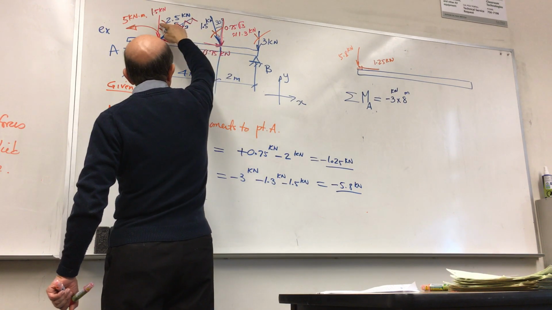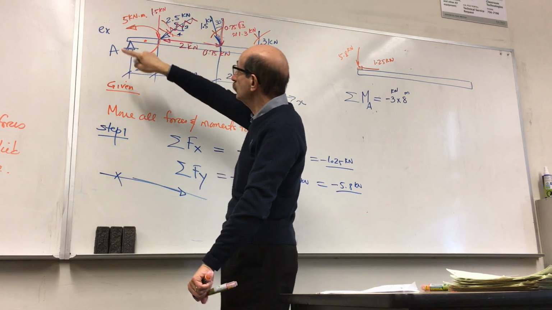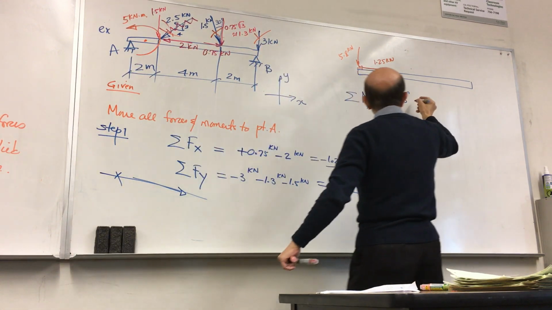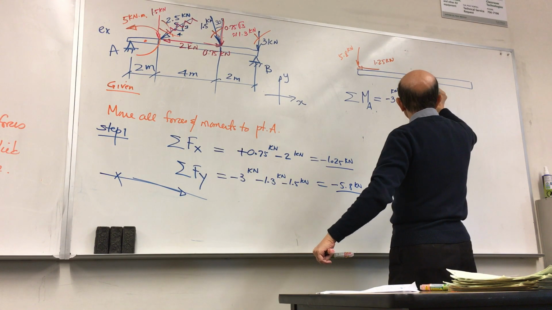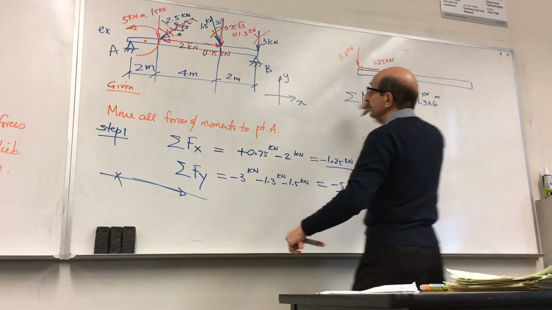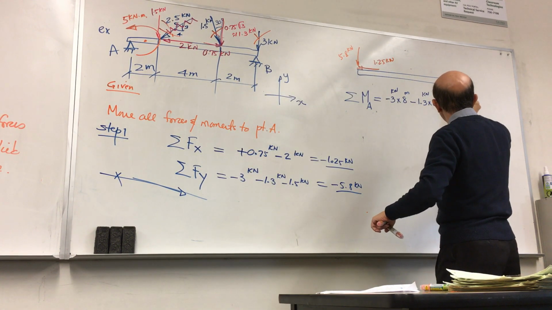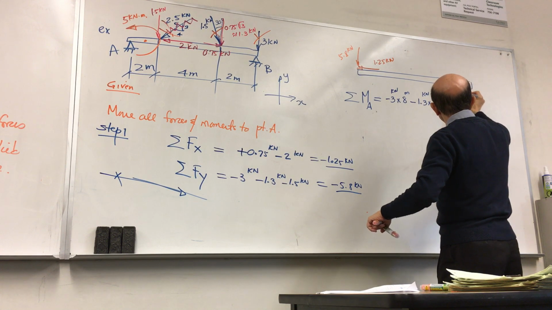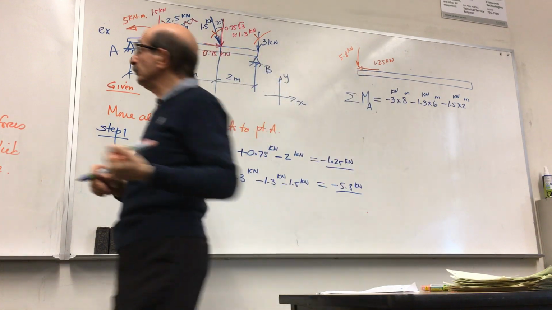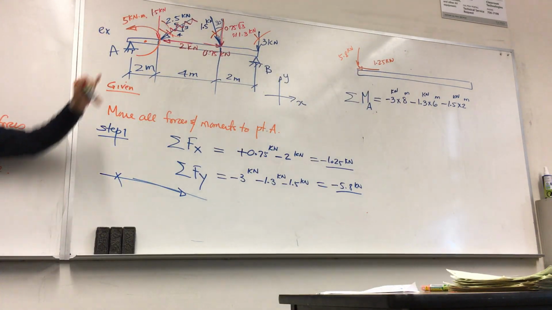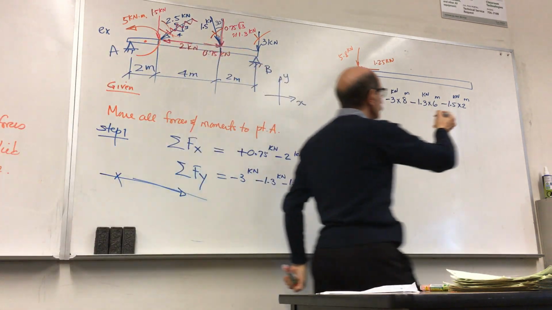We only have these two, that 1.3 acting clockwise at a distance of 6. So you have negative 1.3 times 6. And then for this one, you have negative 1.5 times 2. Okay? You also have another moment, which is the applied moment, and that is this one, acting counterclockwise, so that is positive.